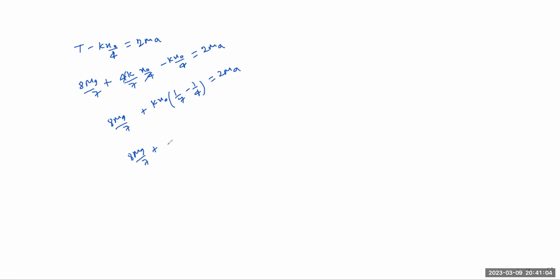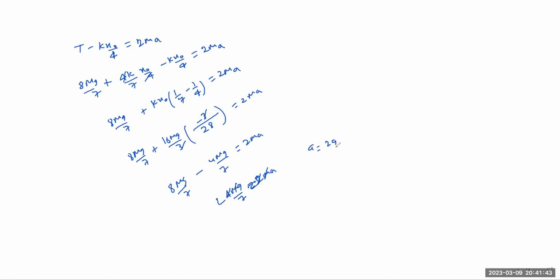What is kx naught value? It is 16mg by 3. This is 7 into 4 is 28 and this is minus 3, right? Correct? So 8mg by 7 minus 4mg by 7. Okay, fine. So it is 4mg by 7 equal to 2ma. So a becomes 2g by 7.